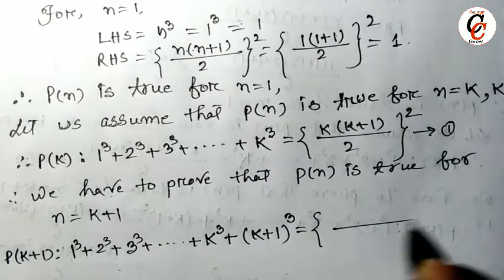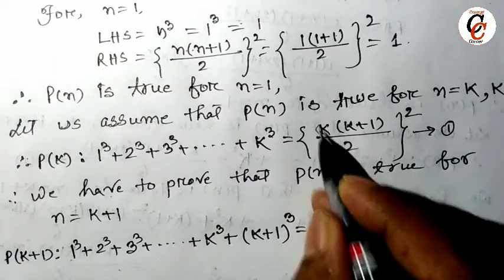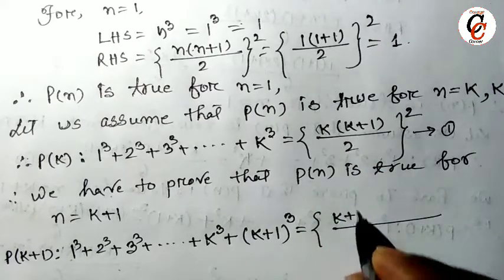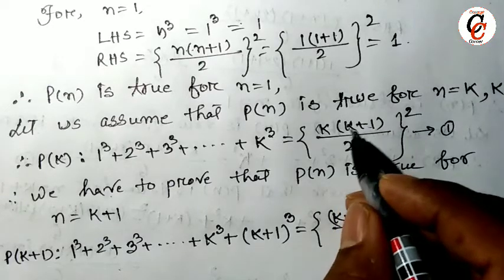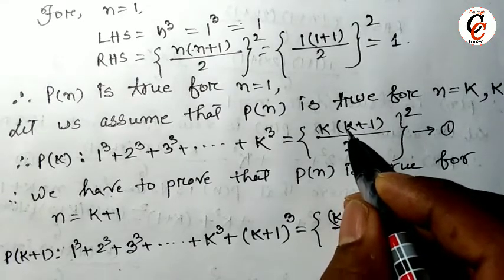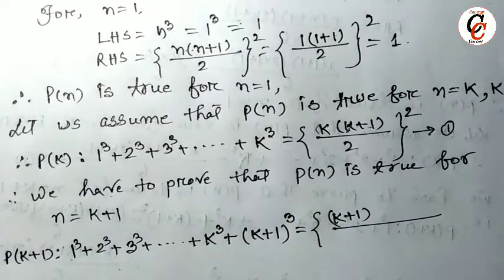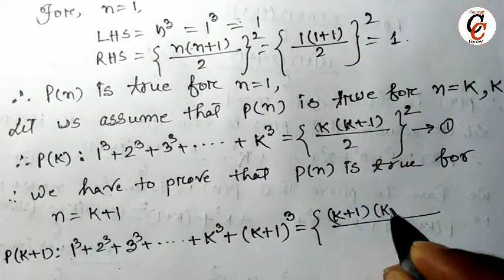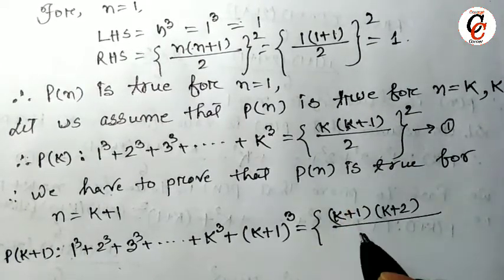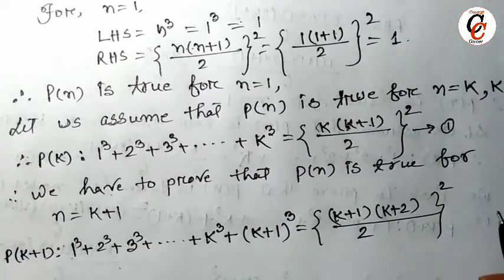And in the right hand side k will be replaced by k plus 1, and k plus 1 will be replaced by k plus 2. Why? Because when we put k plus 1 in place of k and one more plus 1 is there, k plus 1 and plus 1, k plus 2, and divided by 2 whole square.